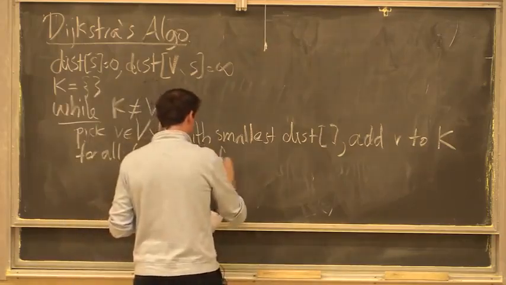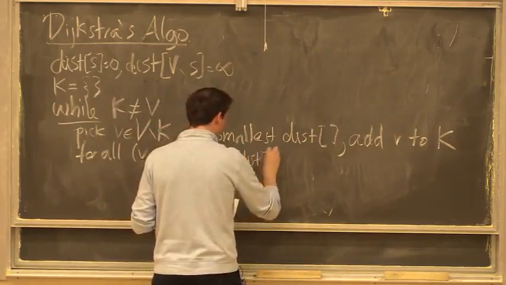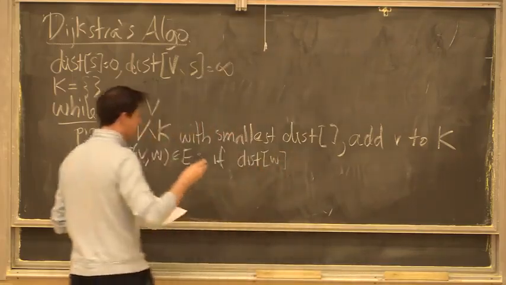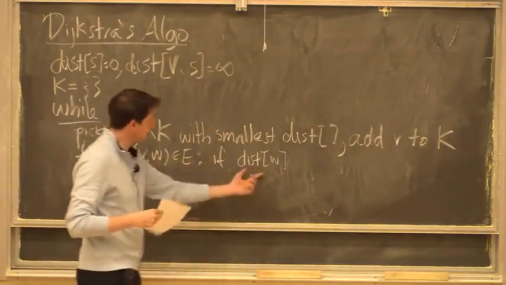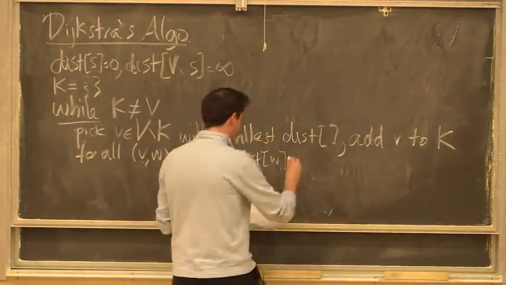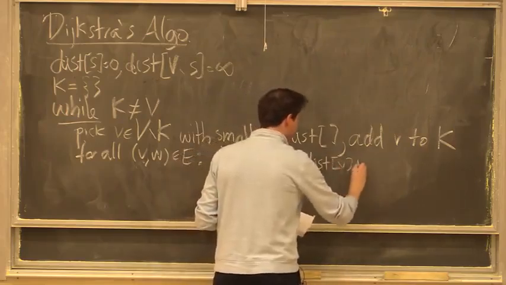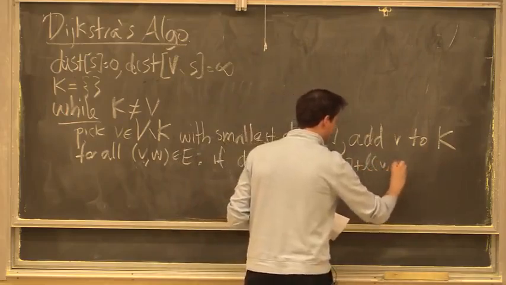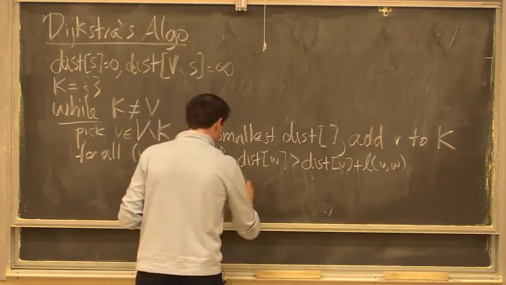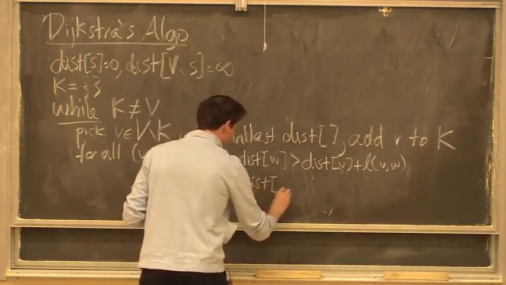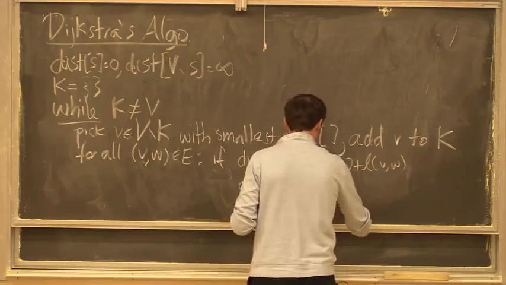If the distance that we have for the other side of the edge, so we were going from V to W, if the current estimate of W is bigger than what we would get from distance of V plus the length VW, then we're going to set our estimate for W to be this value.